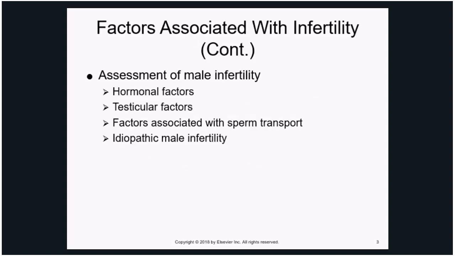Assessment of male infertility could include hormonal factors and testicle factors. Commonly, patients whose testicles had not descended in time or had issues with descent sometimes have issues with male infertility, because the sac is staying up closer into the body, which interferes with the temperature.